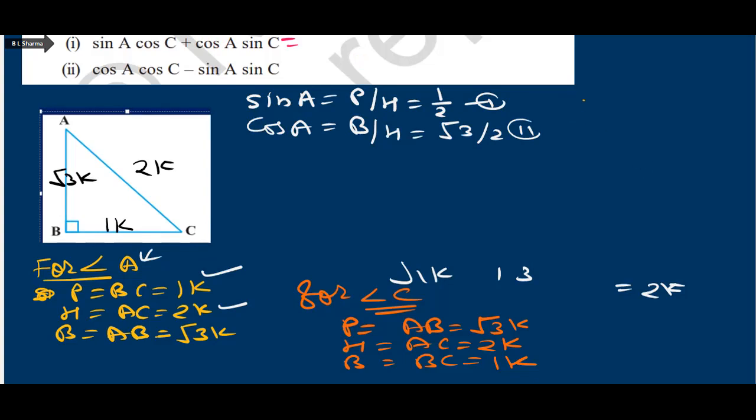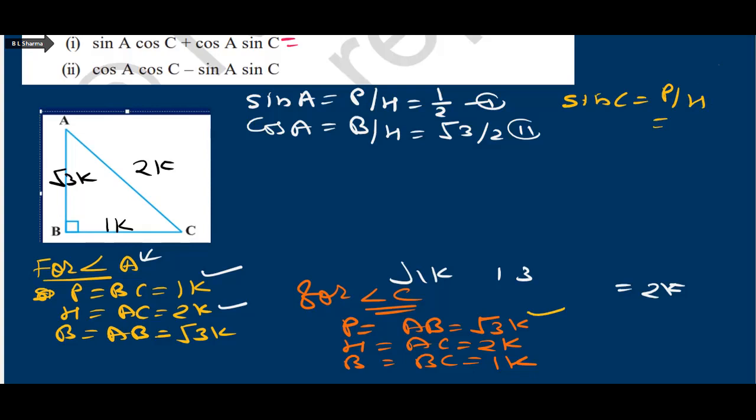for acute angle C, sine C. Sine C is this, for acute angle C. For this, perpendicular upon hypotenuse is for acute angle C, and this is for acute angle A. Sine C is perpendicular upon hypotenuse.